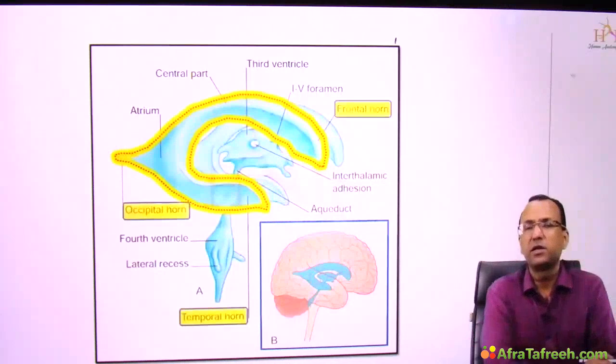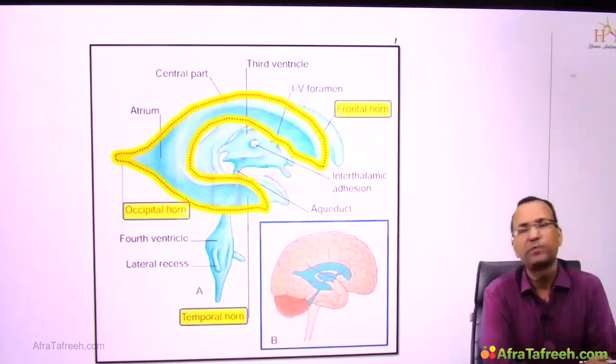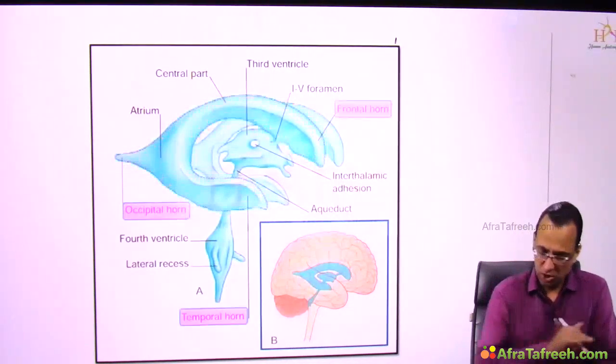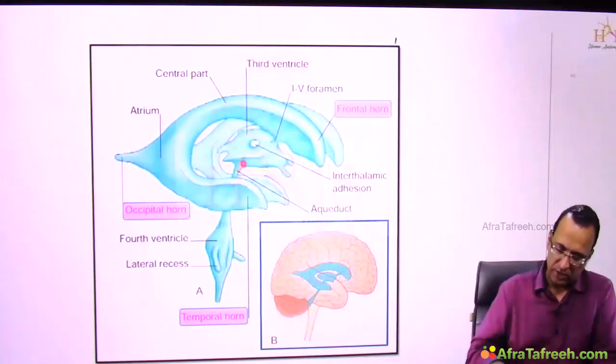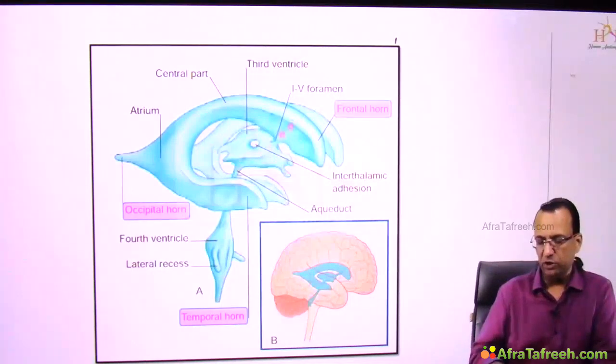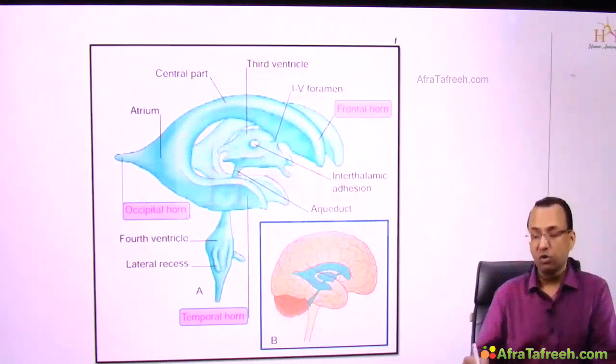Actually, lateral ventricles are the largest of the ventricles in the largest part of the brain, which is the cerebrum, forming the largest amount of CSF and pouring it into the third ventricle, which is the midline ventricle, through this opening, which is called the interventricular foramen of Monro.